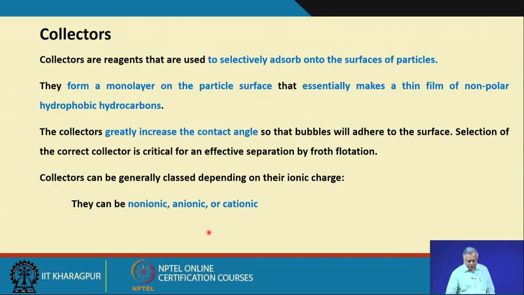Collectors are reagents that are used to selectively adsorb onto the surfaces of particles. That means it is a specific group of chemicals which selectively gets adsorbed onto the surfaces of those particles which I want to be floated.